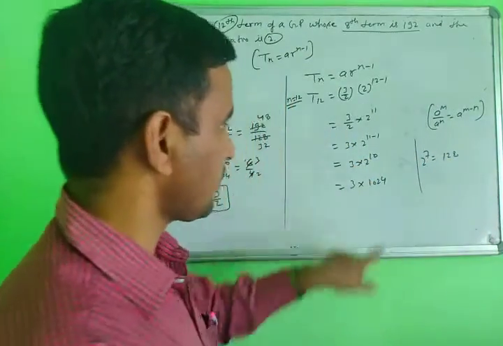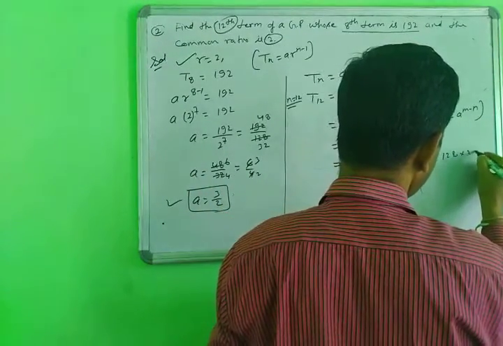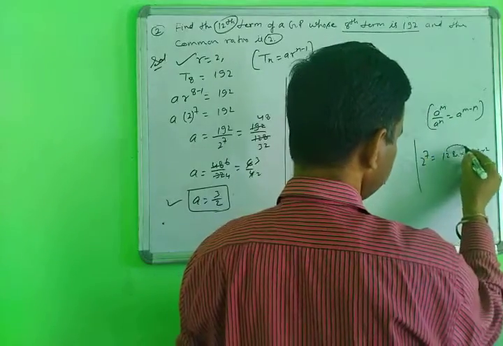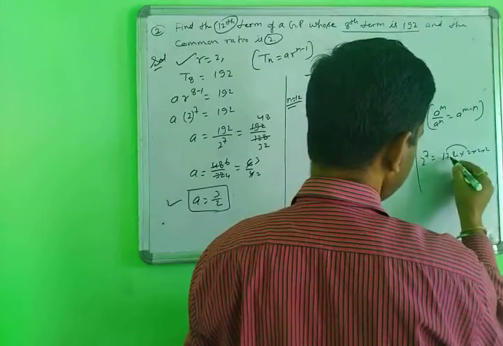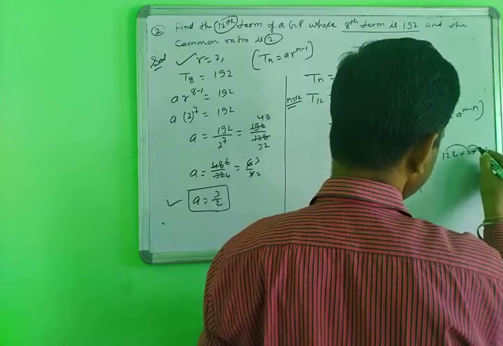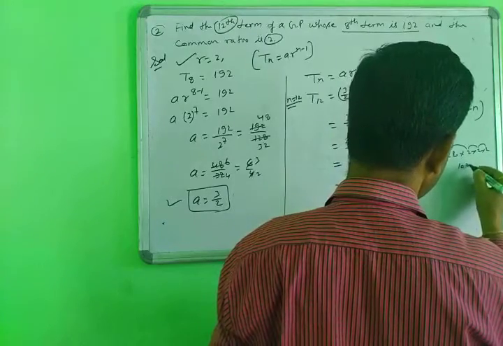How many more are required? 3 more. So 128 into 2 is 256, into 2 is 512, into 2 is 1024.